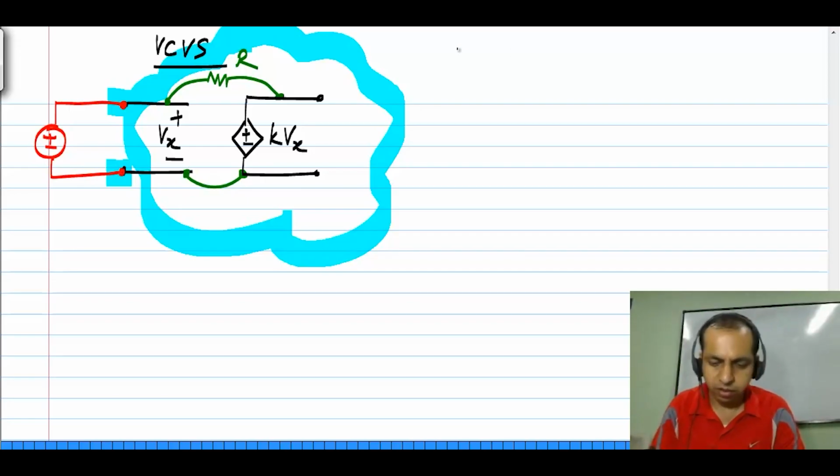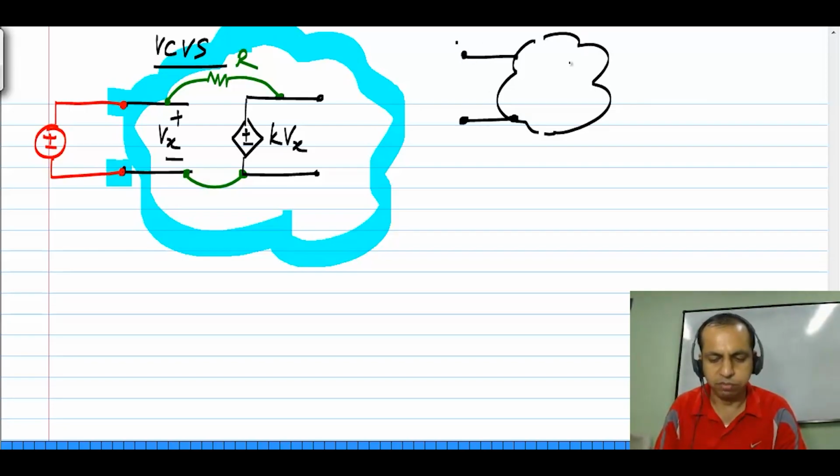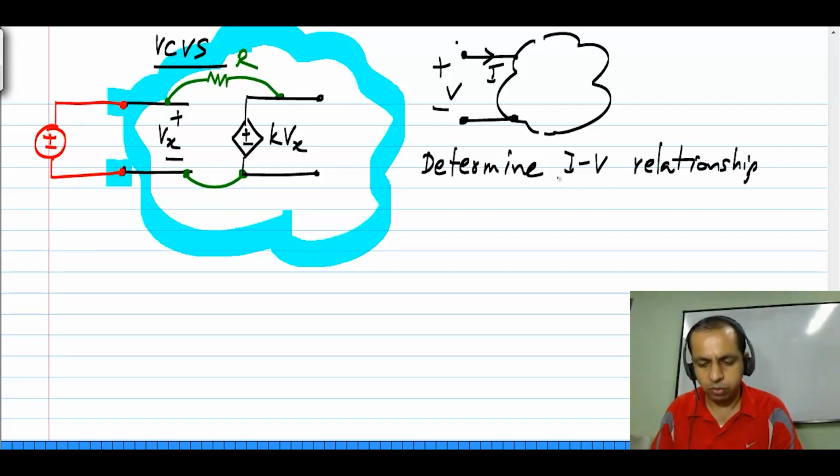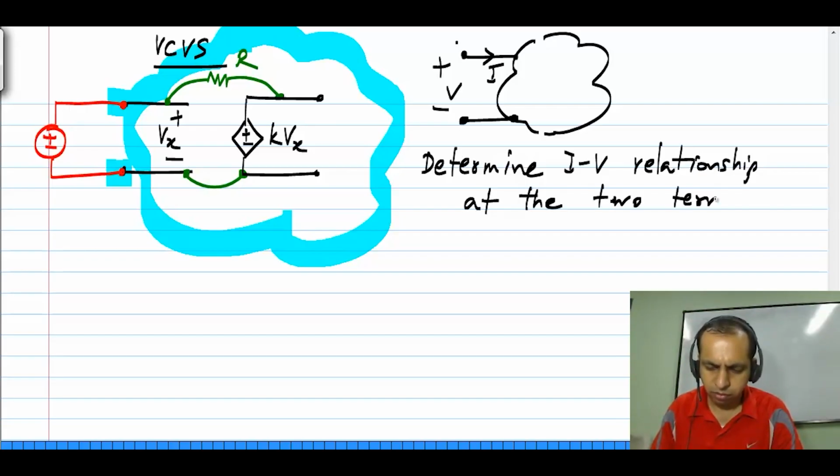What do I mean by finding the characteristic between these two terminals? As I mentioned before, you have a box with these two terminals, and what you have to do is to determine the current voltage relationship, where the current and voltage are measured at the two terminals.